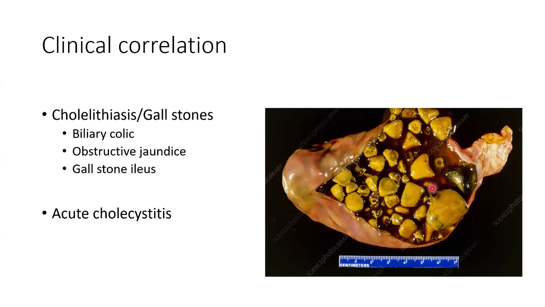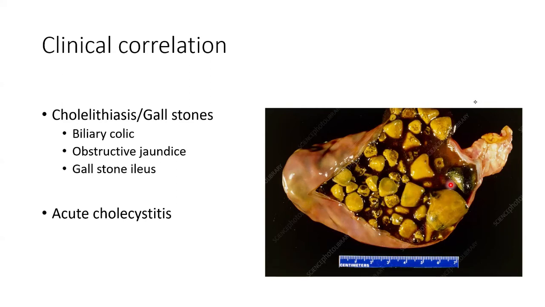So that's biliary colic. And then obstructive jaundice. If there's obstruction for a long time, the bile will get accumulated here, and it will get accumulated in the hepatic ducts, and it will have no way to drain, and it will get reabsorbed into the liver.